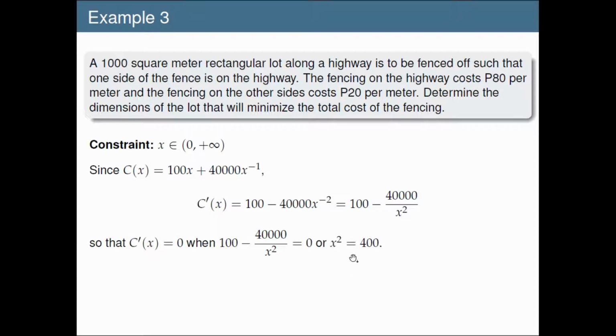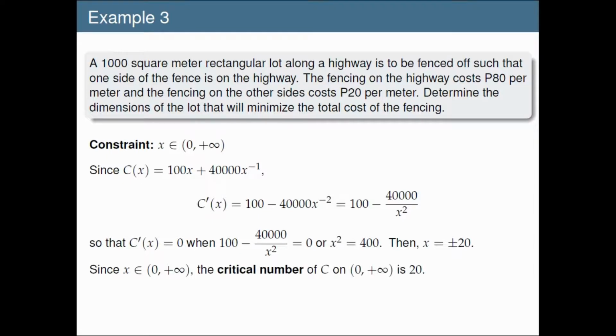Solving for x, we get x equals plus or minus 20. Pero yung kailangan natin dito, x must be positive. So x is equal to positive 20. So the critical number of c on this interval is 20.